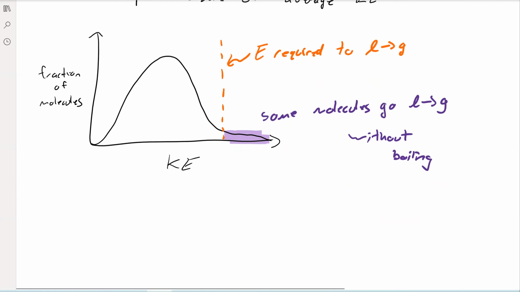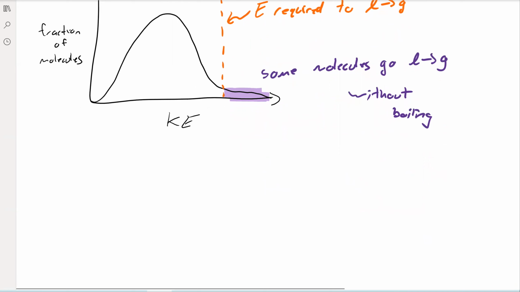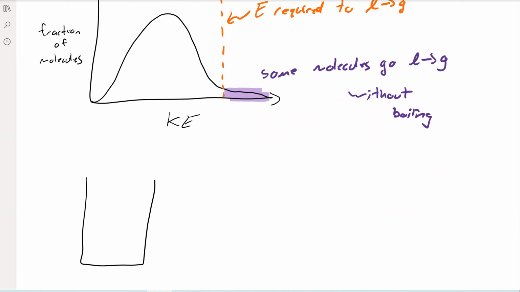And then let's take a look at the molecular view of this. So we have our cup of water again. This time I'm going to make this a dark blue, and we've got liquid water right here. Anytime you have a liquid, it will experience some level of vaporization, right? Some level of going from a liquid to a gas without boiling.